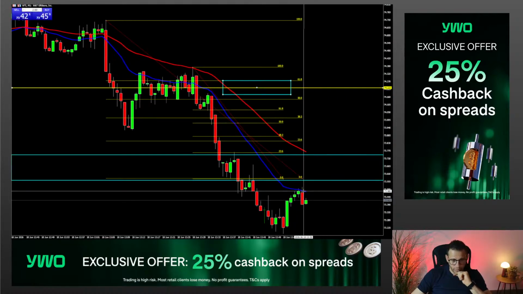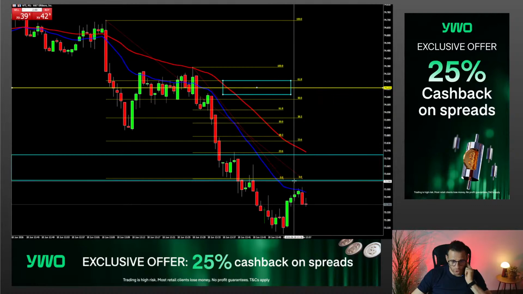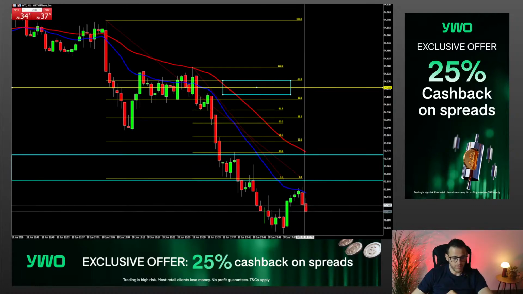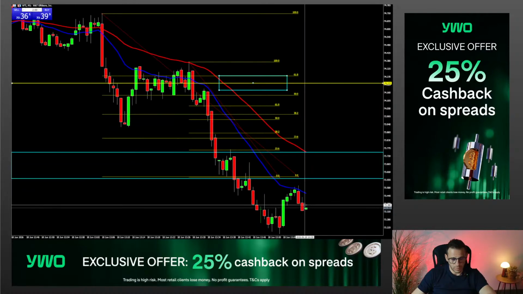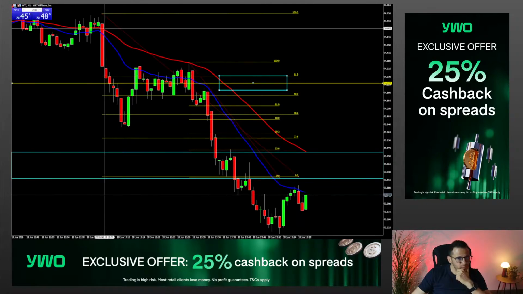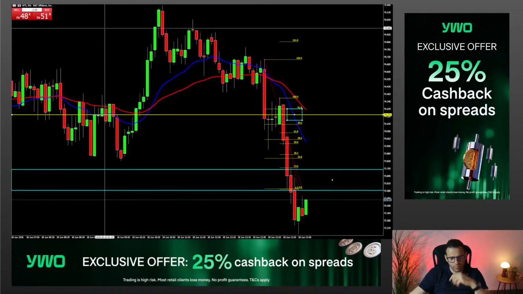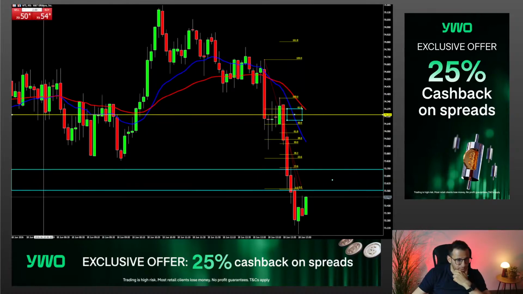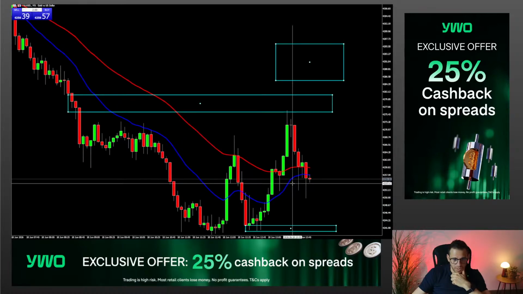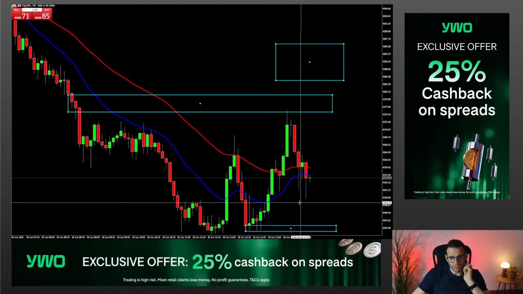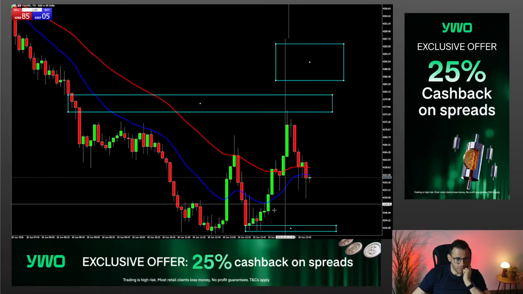I got a bearish engulfing on WTI on the minute chart. That can push the price down. So this is going up, but gold, it's a bit stuck around here. We have a lot of wicks on gold. That's an interesting one.